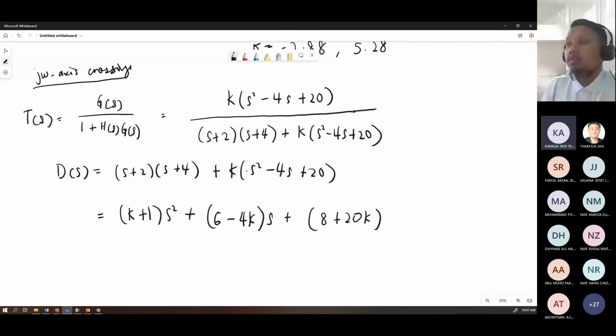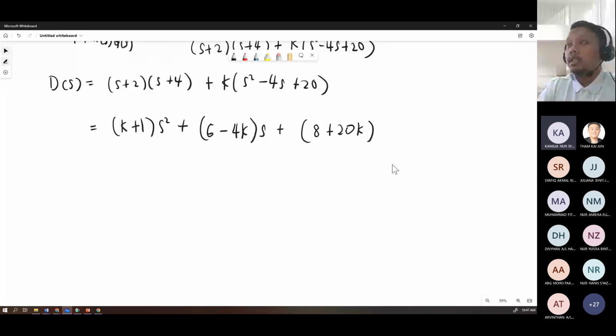Again, if you don't know how to get this, you can expand it slowly one by one and then rearrange, okay? Make sure you arrange in S squared, S, and S naught, okay? Ada urutan dia. And then after you rearrange this, then you can generate the Routh-Hurwitz table.